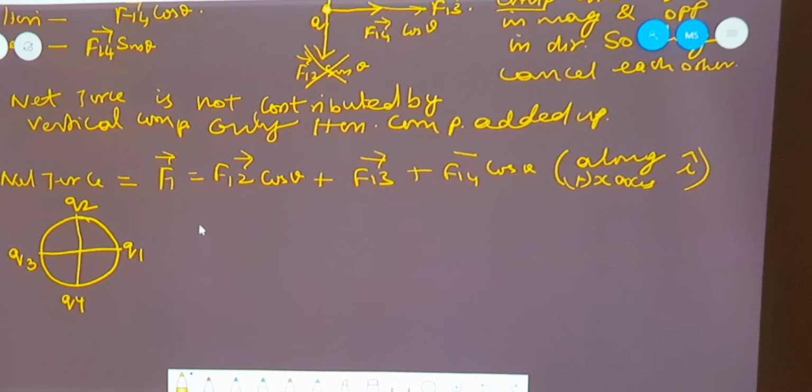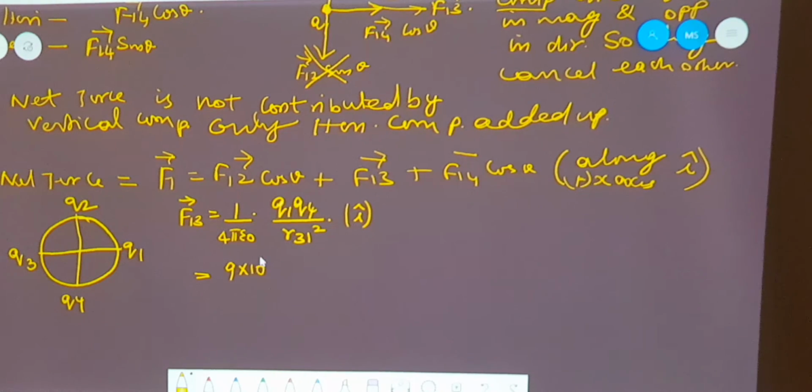If I am considering F13, I can write 1 divided by 4 pi epsilon 0 into Q1 into Q4 divided by this distance R31 square, along positive i cap. So what is its value? 9 into 10 to the power of 9 into Q1, which is 10 to the power of minus 6, Q4 is 10 to the power of minus 6, whole divided by, what is this R31?